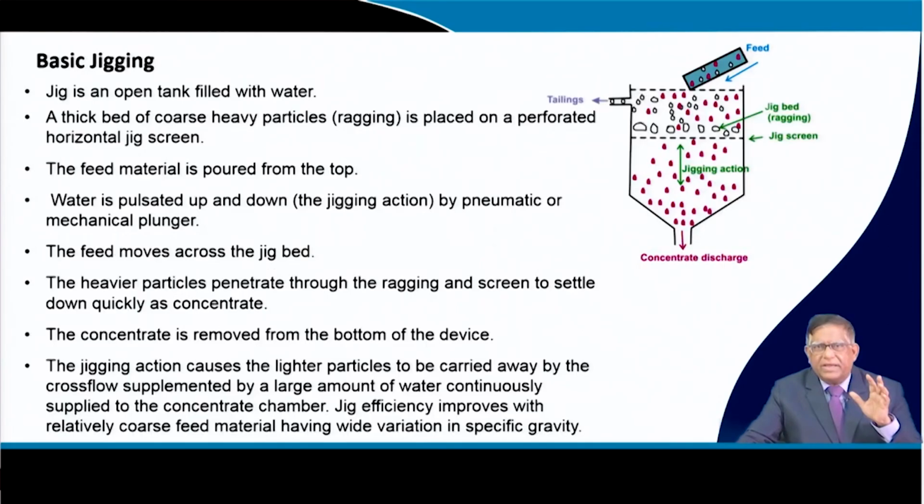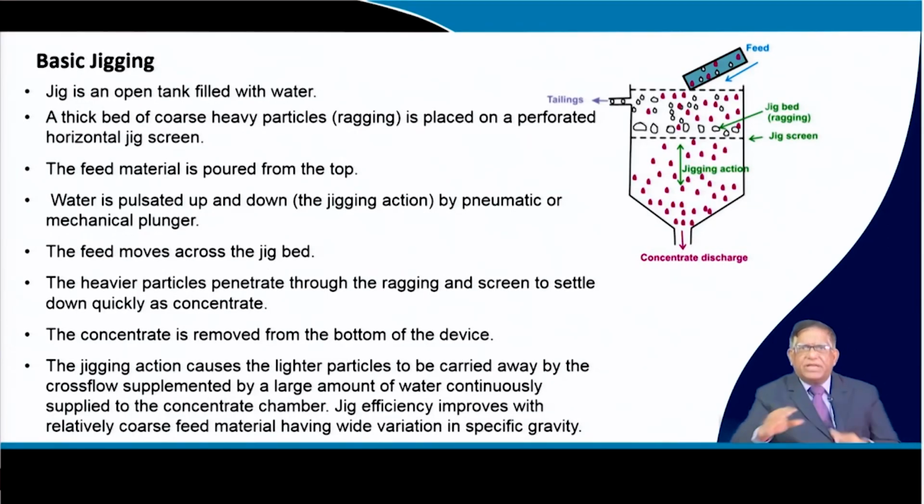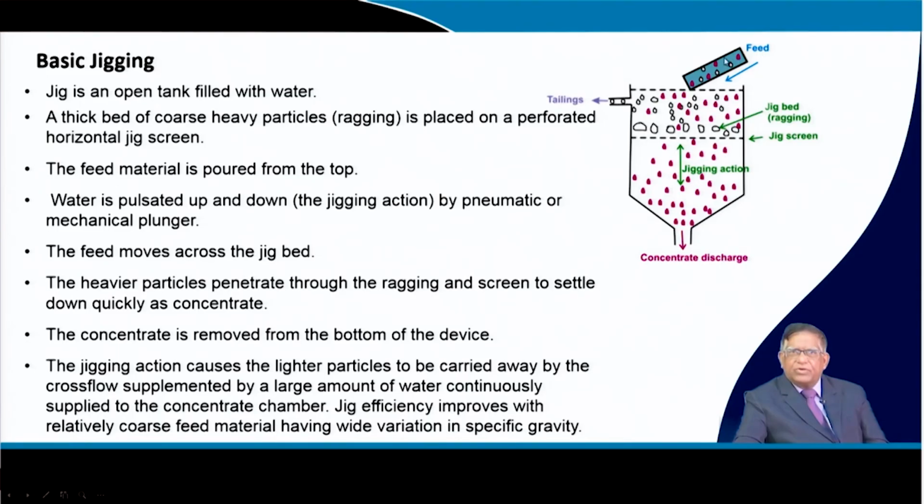That is the main thing in jigging. In the basic jigging process, your coal and the non-coal material, in a crushed form, are introduced into the jig, and the jig is nothing but an open tank filled with water.